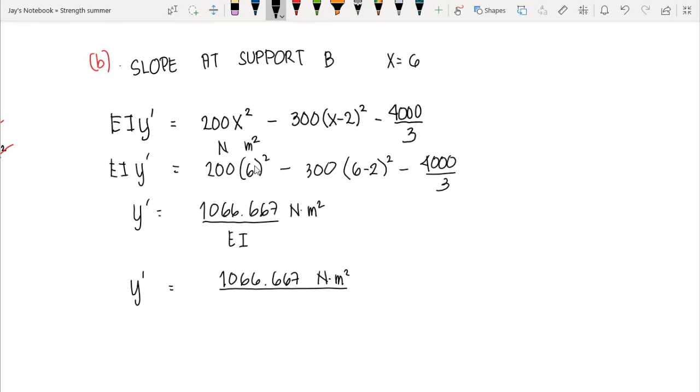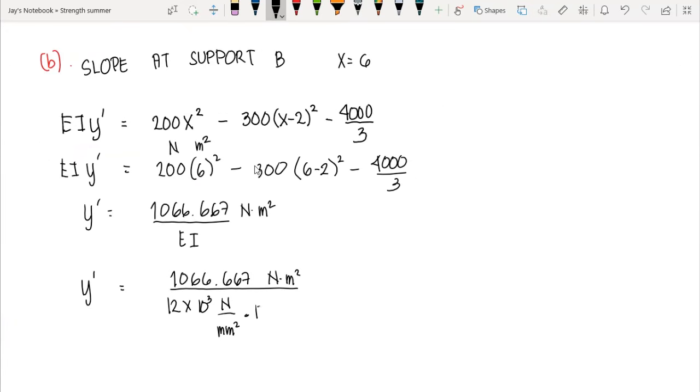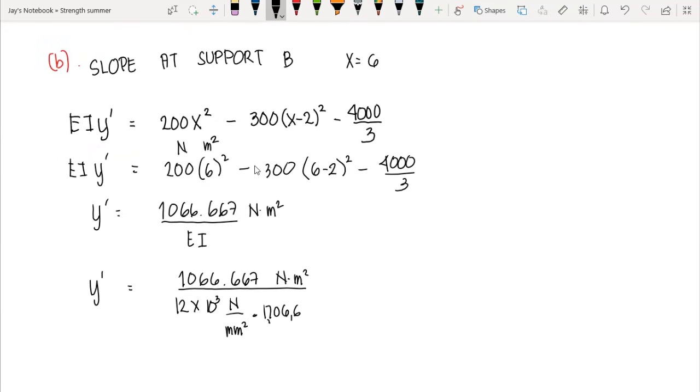We have E here, 12 times 10 raised to the 3 Newton per square millimeter, times our I here, 1,706,666.667. The unit is millimeter to the 4th, that's the I. Then we can cancel here millimeter squared. The remaining is millimeter squared.